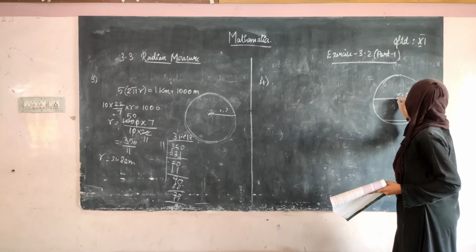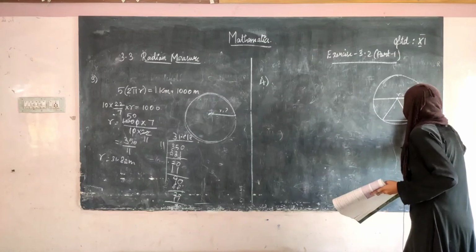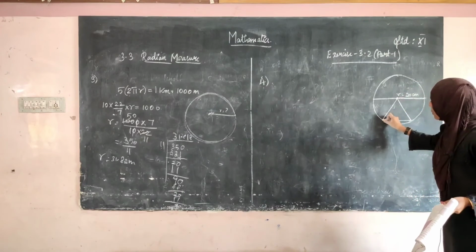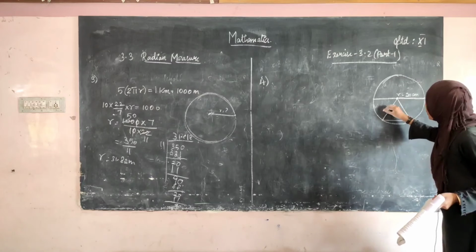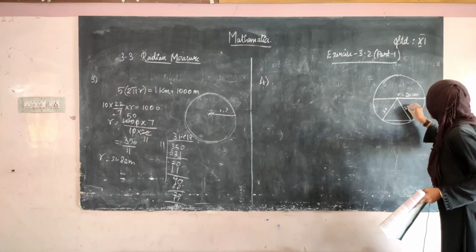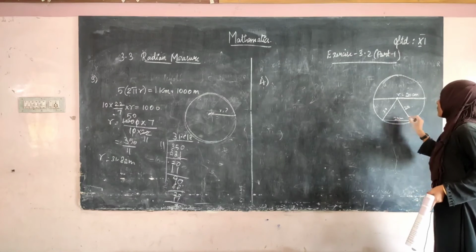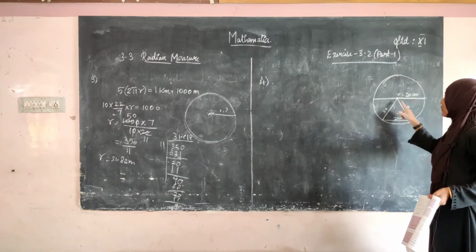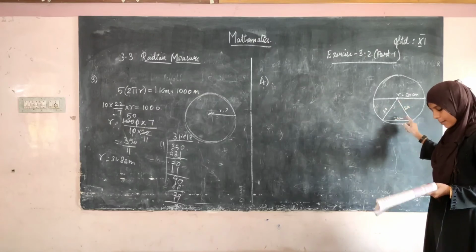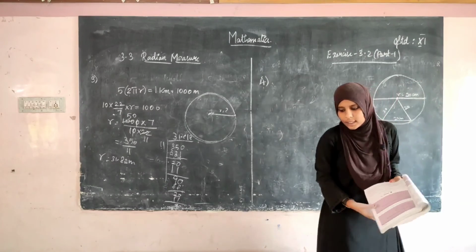So this is the center. From the center to any point on the circle is called the radius. So this is 20 centimeter, this is also 20 centimeter, and this chord is 20 centimeter. So all the sides of this triangle are the same.